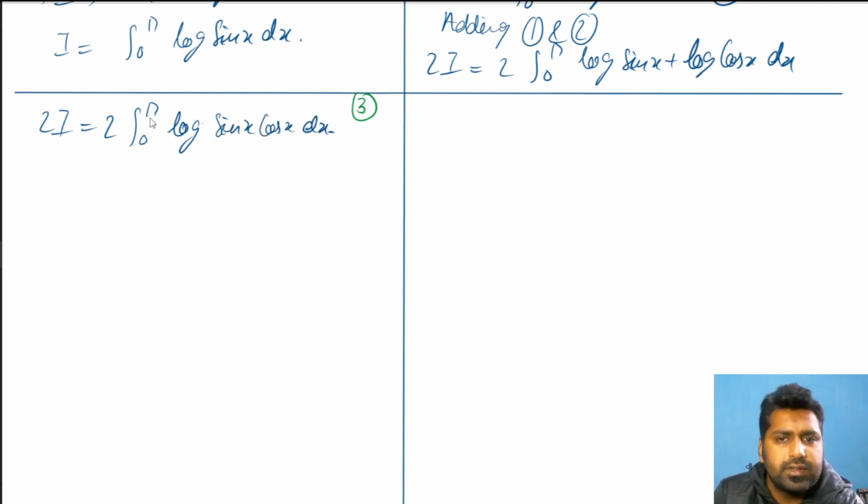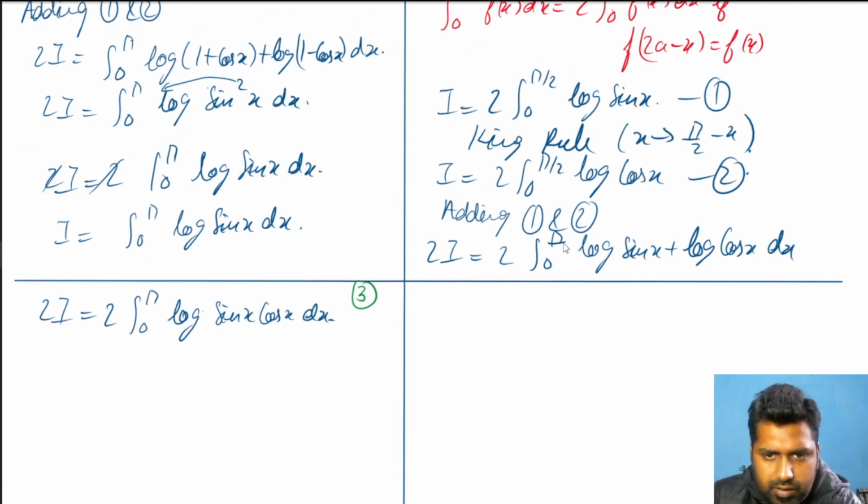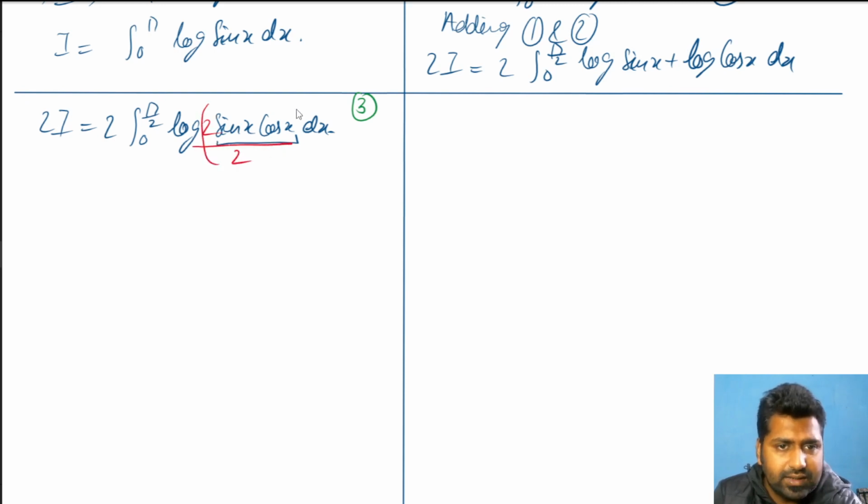And the integration limit is, sorry, by mistake I've written pi. It was pi by 2. Now, the moment you see sin and cos together, you should recall that 2 sin x cos x is sin 2x. So I'm multiplying by 2 inside the log and dividing by 2 inside the log.